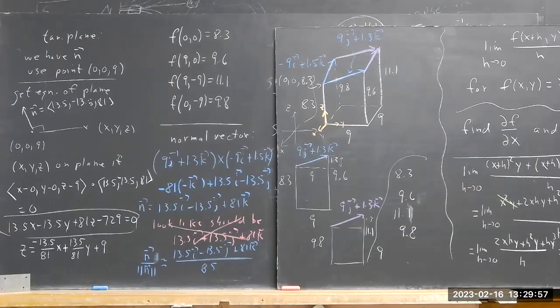Well, x is never 9, so I don't know why I would have done that. If x is 9 and y is 0, we get negative. No, x can't be 9. If y is 9 and x is 0, you get 1.5 here. And 1.5 and 9, you get 10.5, and that's not right.